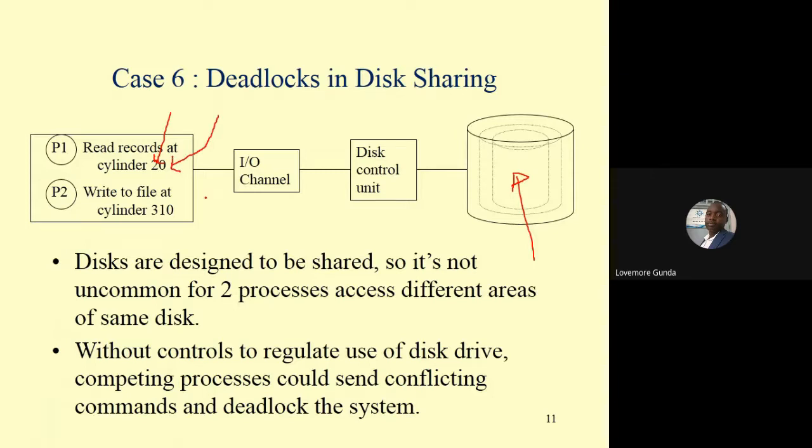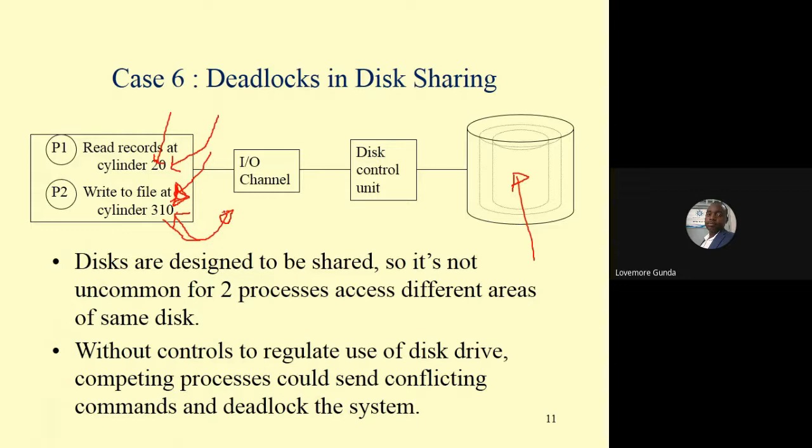Another process can read on cylinder 20. That is fine. But when one wants to write on cylinder 30 and another one also wants to write on cylinder 30, then if one starts writing, the other one cannot write until this one is complete, right? Then maybe it wants to write on another allocation which is being written to by another process.